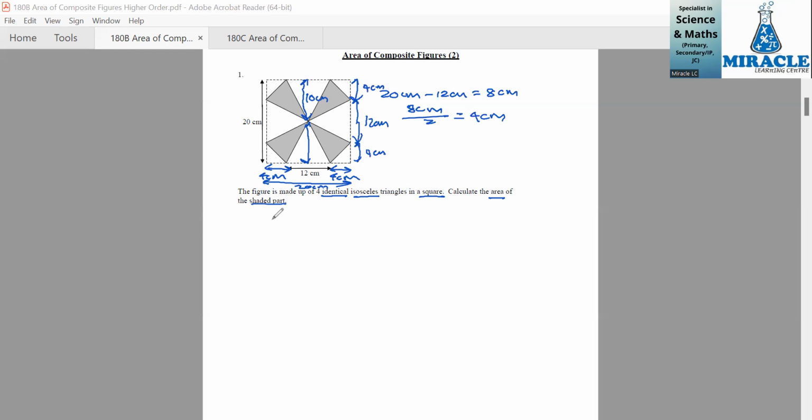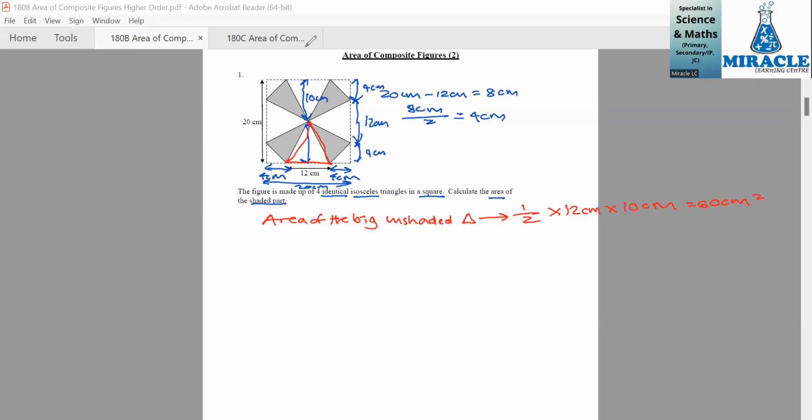Okay, so we know that the area of the big unshaded triangle, which is this triangle over here, the bigger one, would be half times base times height. So the base is 12 cm. And we know that the height is 10 cm. So half times 12 times 10 gives us 60 cm squared.